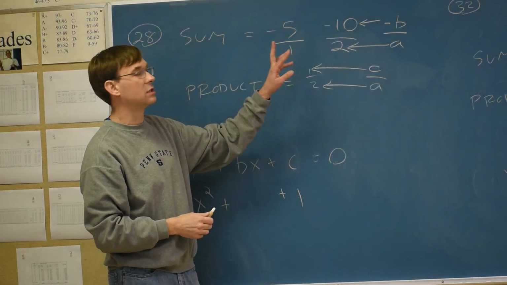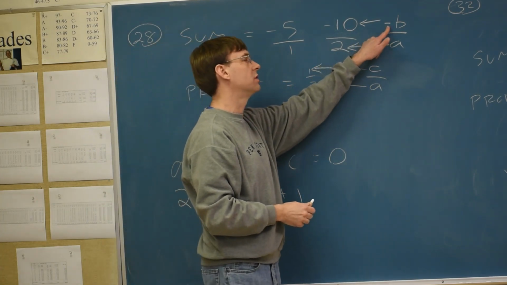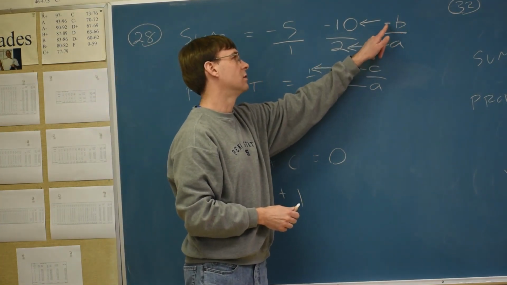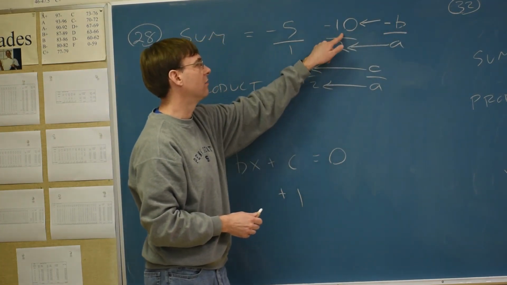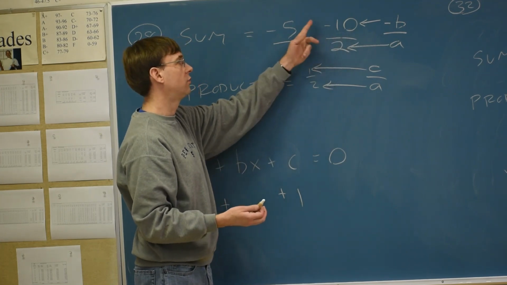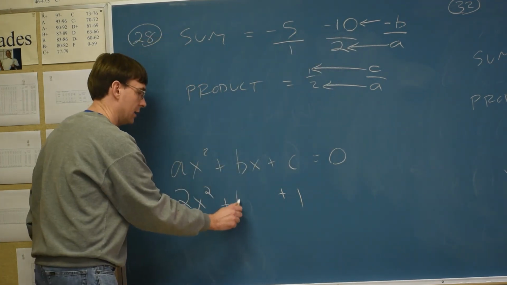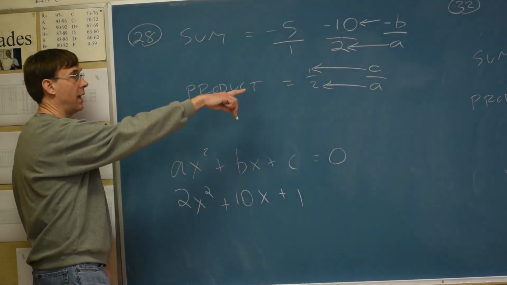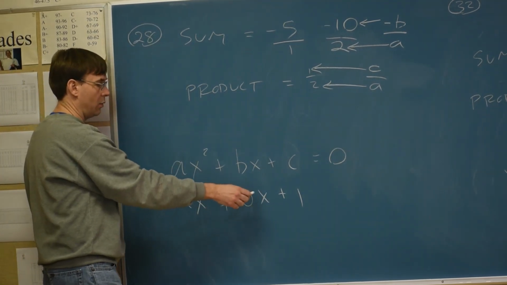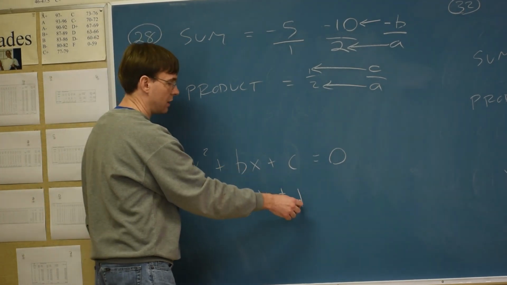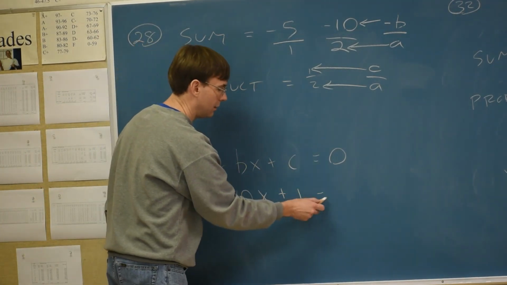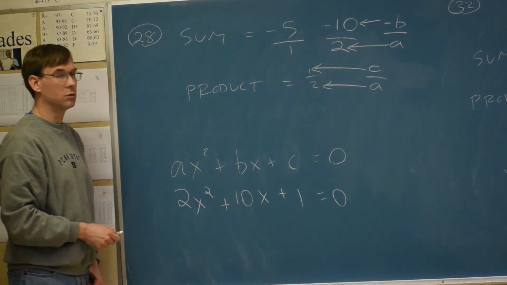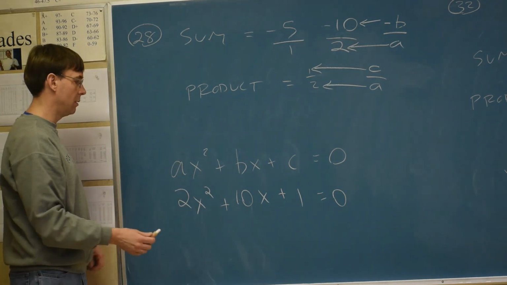The b needs a sign switch. This is supposed to give us the opposite of b. So if the opposite of b is negative 10, normal b, switch that sign, is a positive 10. So 2 with x squared from the a, positive 10 with x, that's the b, plus 1, that's the c. Don't forget, it should equal 0. There's number 28.